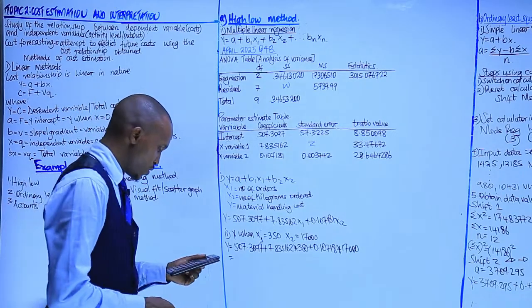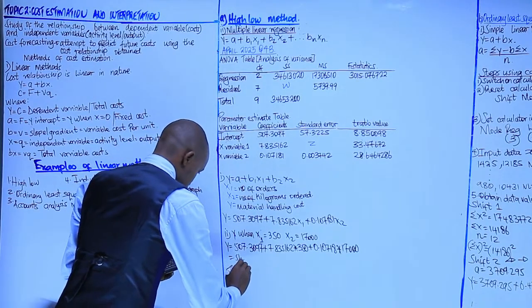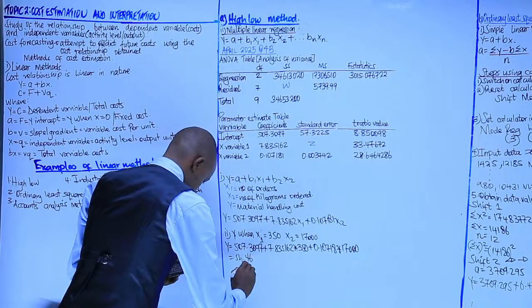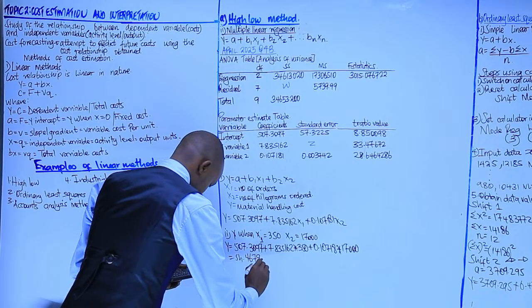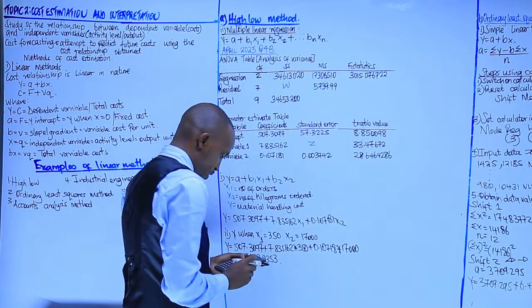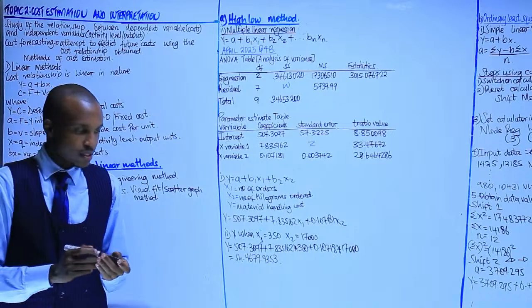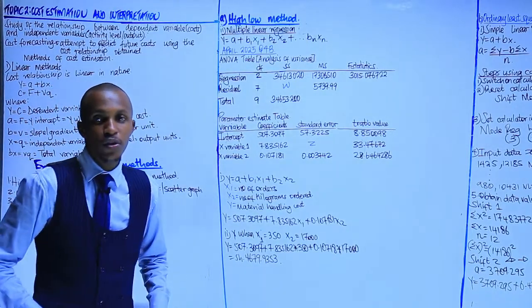So the total cost of materials is 4679.9353.